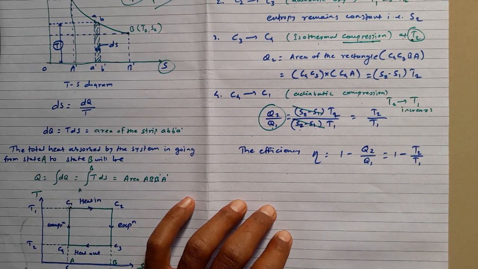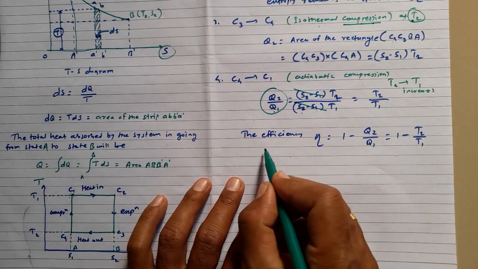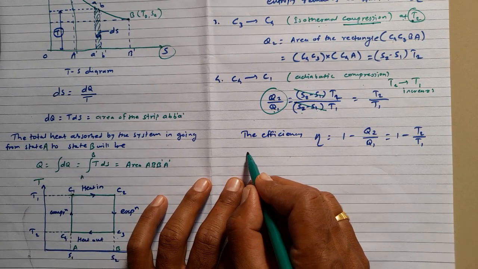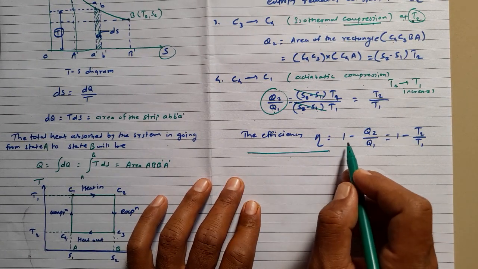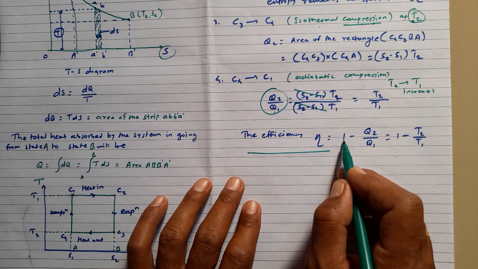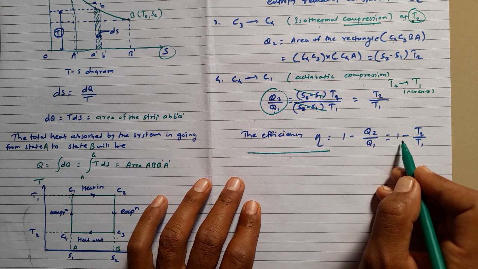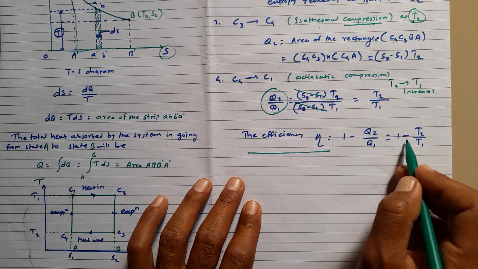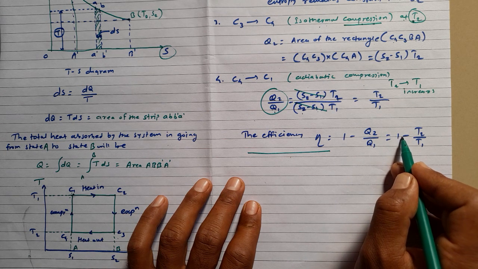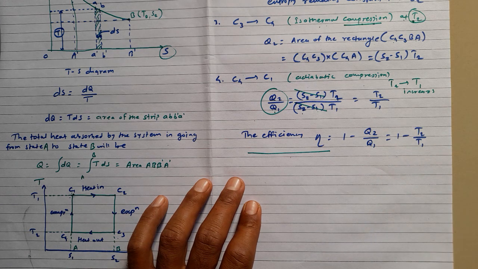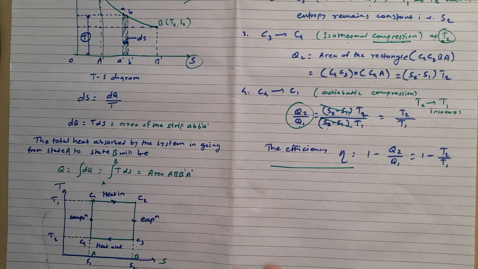As we know, the efficiency of the Carnot cycle is eta equal to 1 minus Q2 by Q1. Similarly, you can define the efficiency of the Carnot cycle in terms of temperature, that is 1 minus T2 by T1. So this is all about the TS diagram.